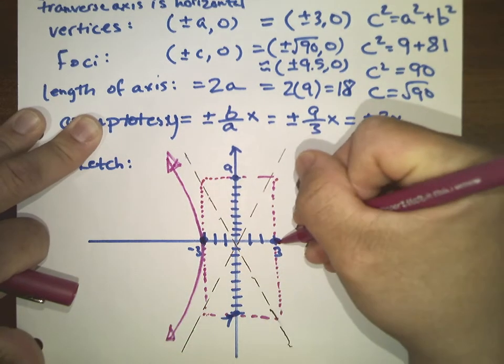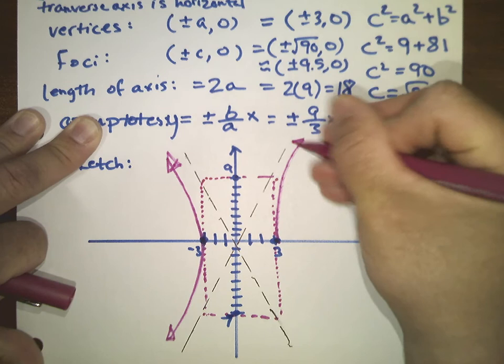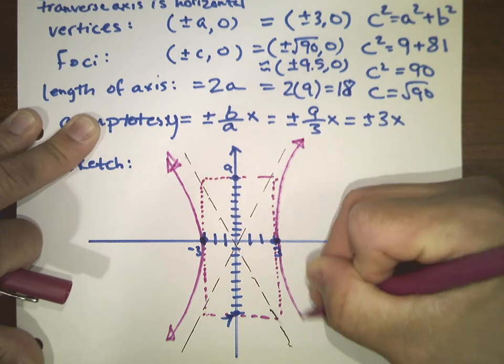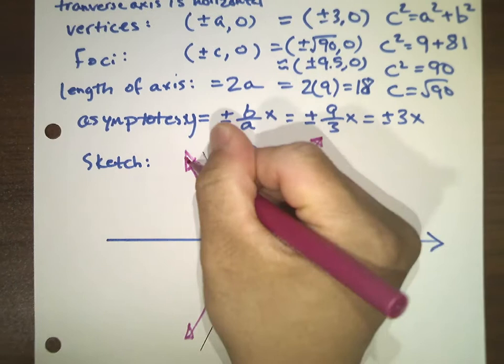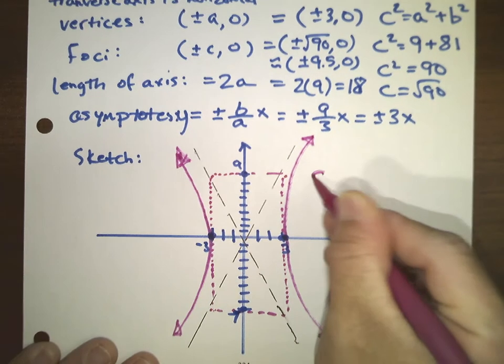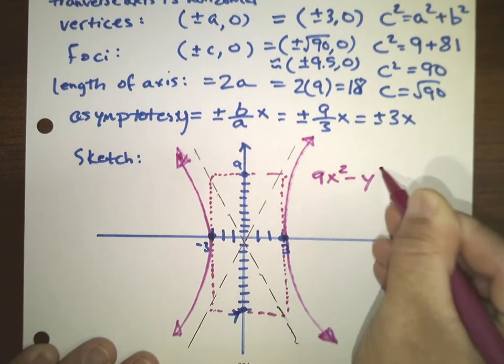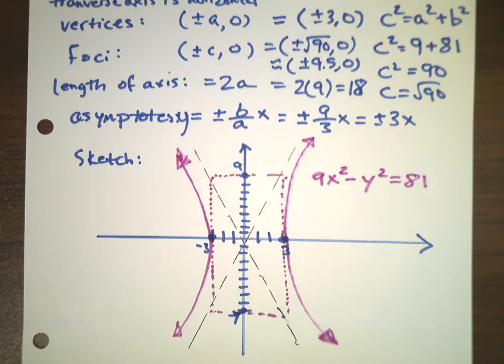So start at the vertex and draw the hyperbola out toward the asymptotes. All right, so that is the sketch of 9x squared minus y squared equals 81. Again, if you have any questions, please feel free to ask.